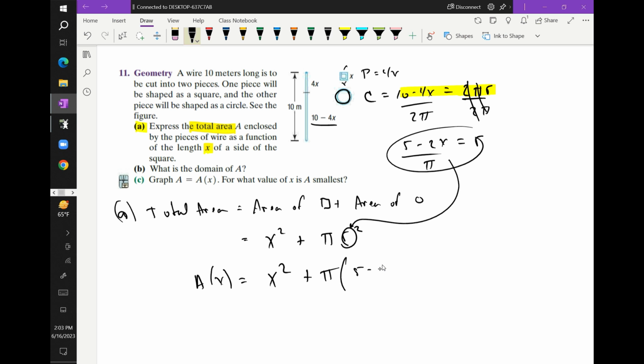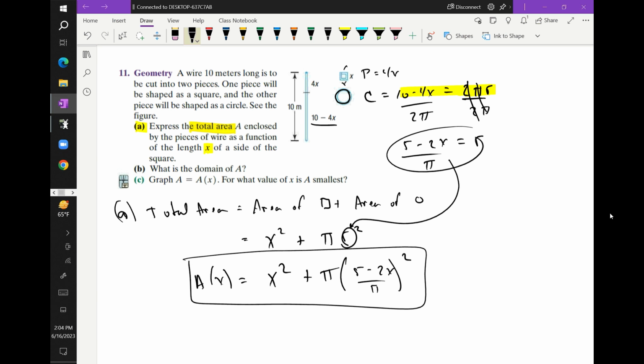So I got pi times (5 minus 2x over pi) squared. So now that I have that one, that is an expression of the total area just in terms of my x. And if we want to, we could clean this up. We could expand that and simplify overall. Let's just go ahead and leave it in this format.